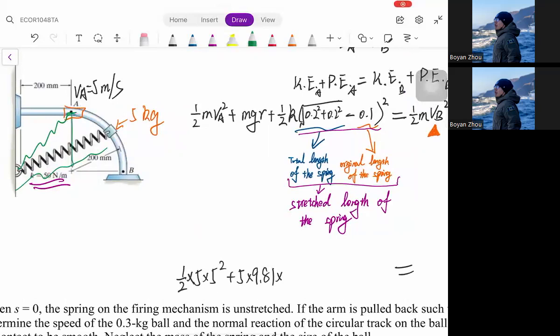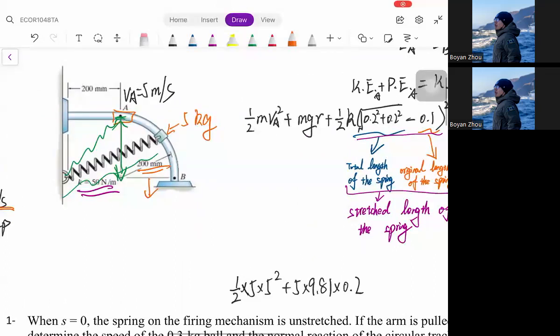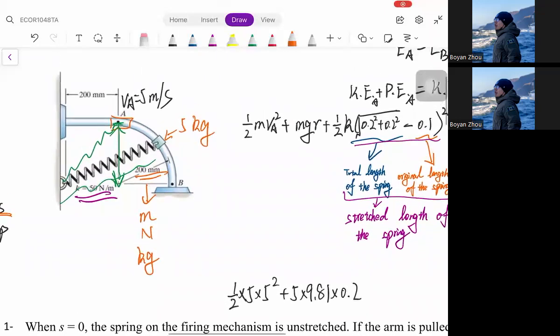The height is over here, and that is 0.2 meter. Another thing: when we're working in SI units, you always want to change all the units to meter, Newton, and kilogram, and then do the calculation.